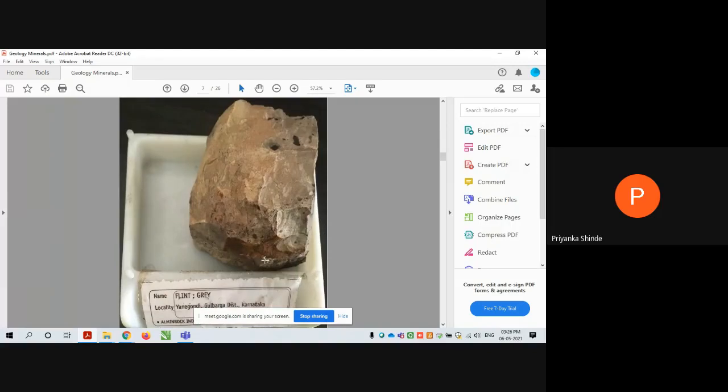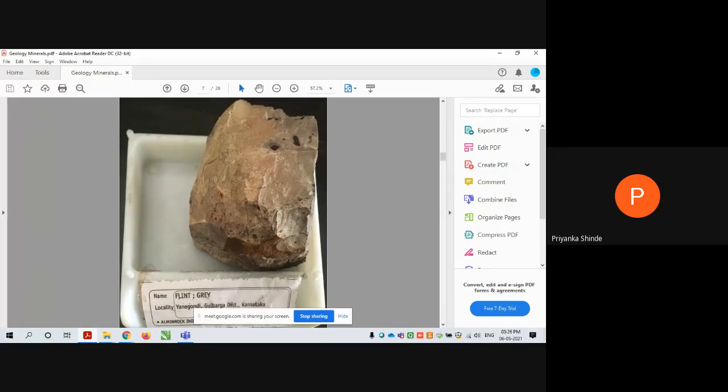Then this is one more whose name is flint. Flint is again a quartz variety which is very dull, and its color is light pink. One more special property, you can observe it has very sharp edges.